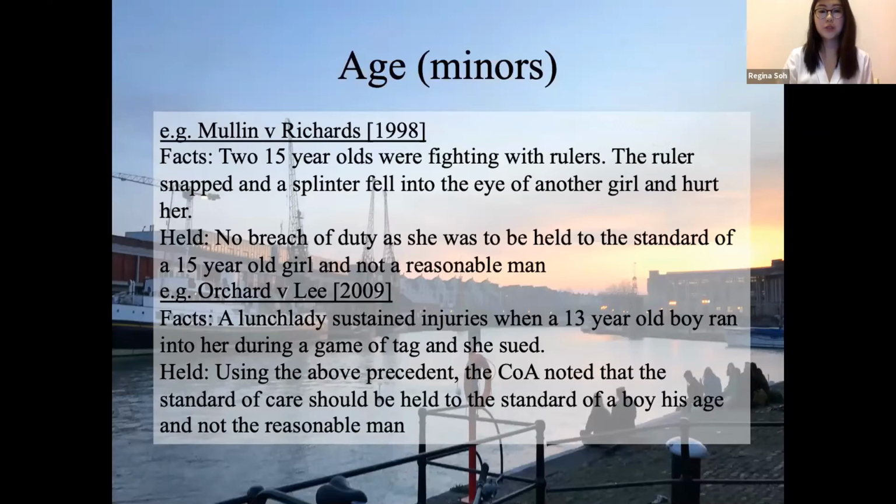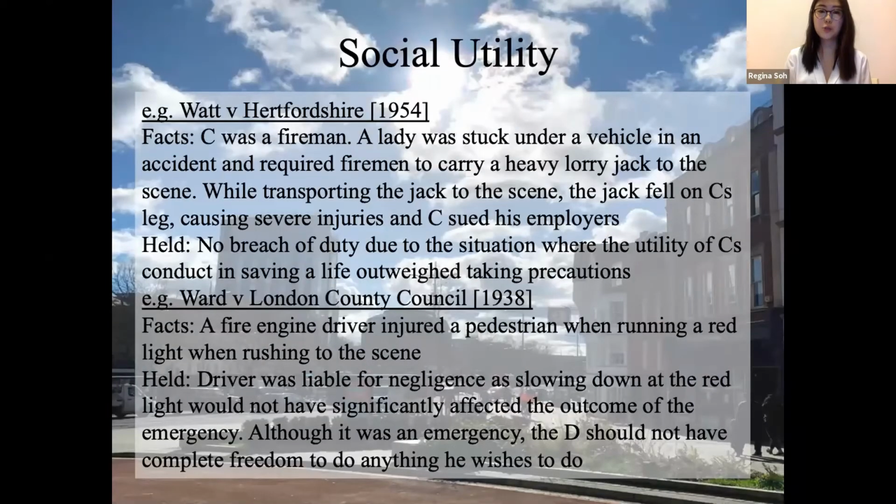And hence he was not liable for the lunch lady's injuries. So I'll now move on to the last point, social utility. As I tried to describe just now, social utility means that if you're doing good for society and you sustain injuries in your actions, you can't sue, because the social good you bring will outweigh you actually getting injured.